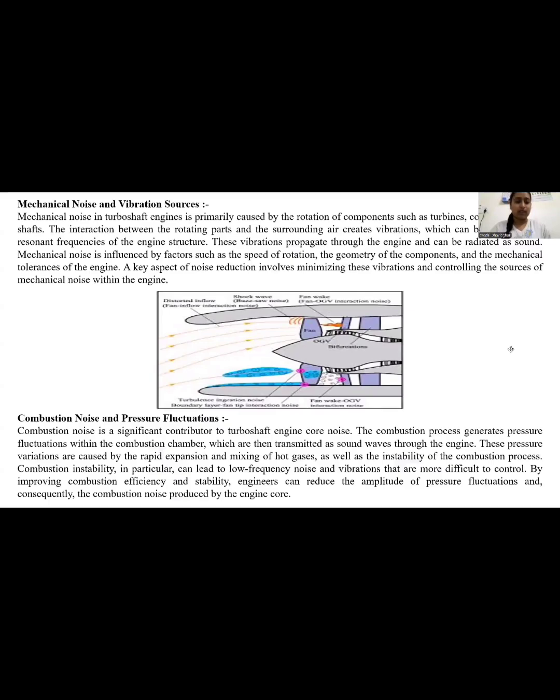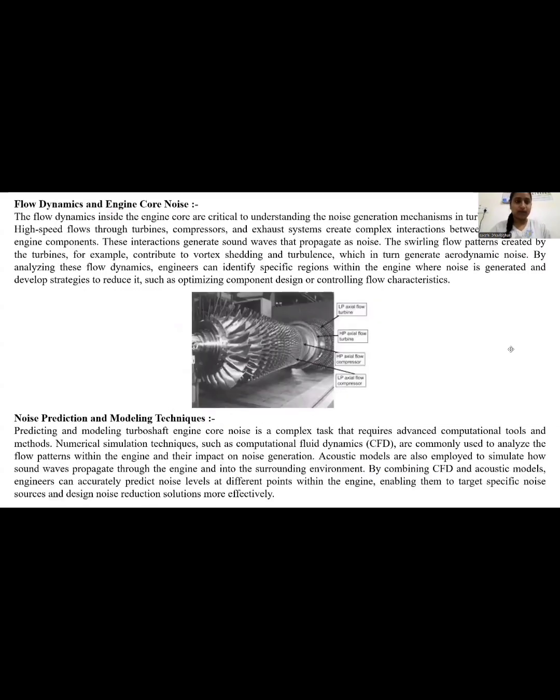Combustion instability in particular can lead to low frequency noise and vibrations that are more difficult to control. By improving combustion efficiency and stability, engineers can reduce the amplitude of pressure fluctuations and consequently the combustion noise produced by the engine core.